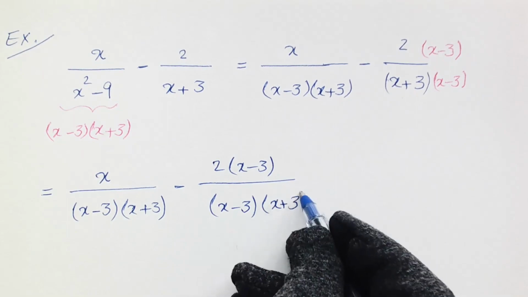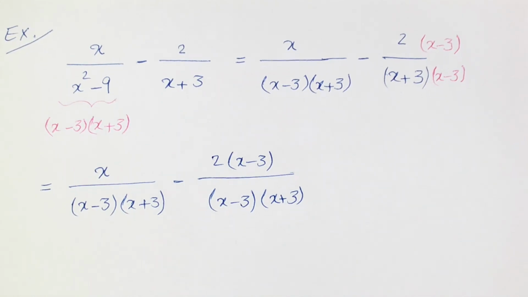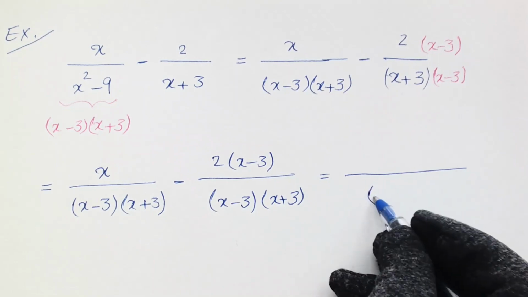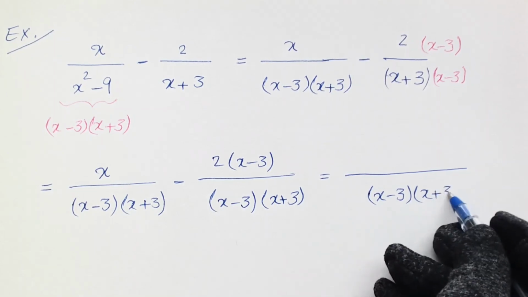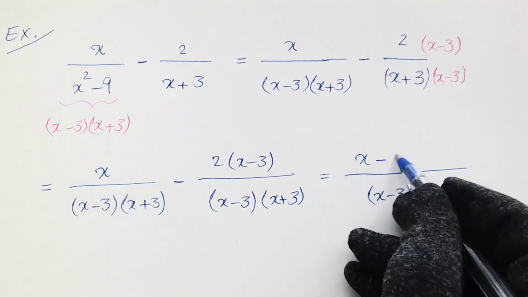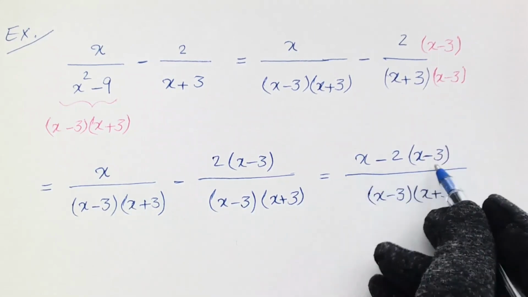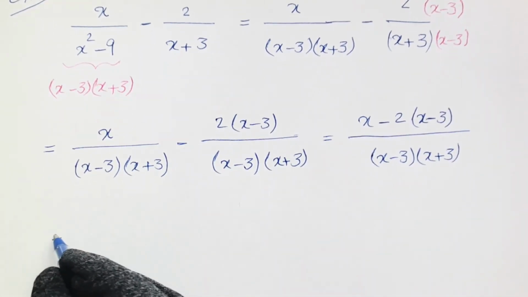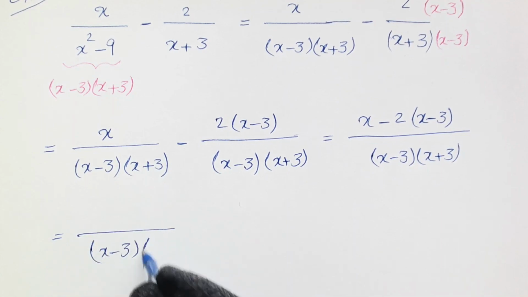Multiplication is commutative. I can switch these two. Now we have the same denominator. So the answer is a new fraction with the same denominator. This is subtraction, so x minus 2 times x minus 3. Now I'm going to simplify the top of the fraction. The denominator is the same, x minus 3 times x plus 3.